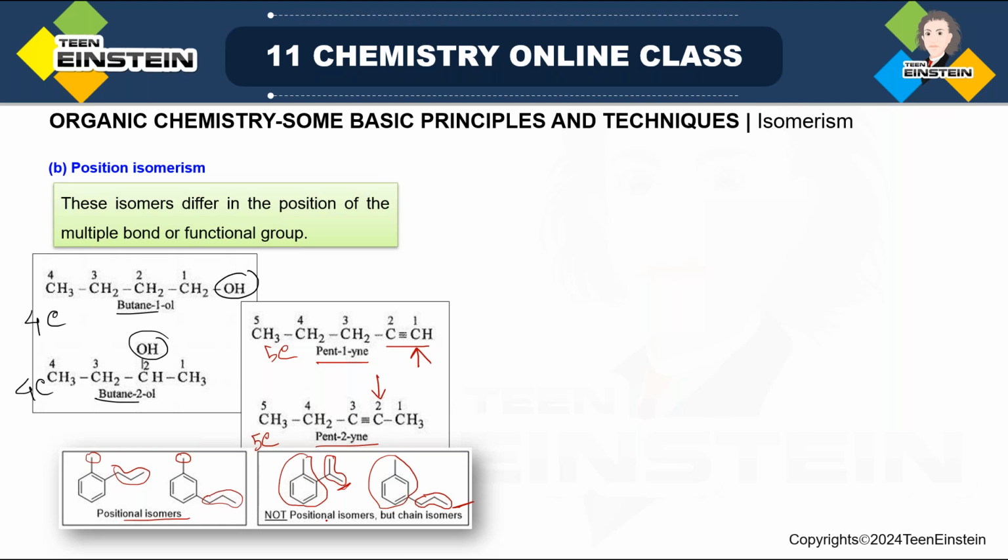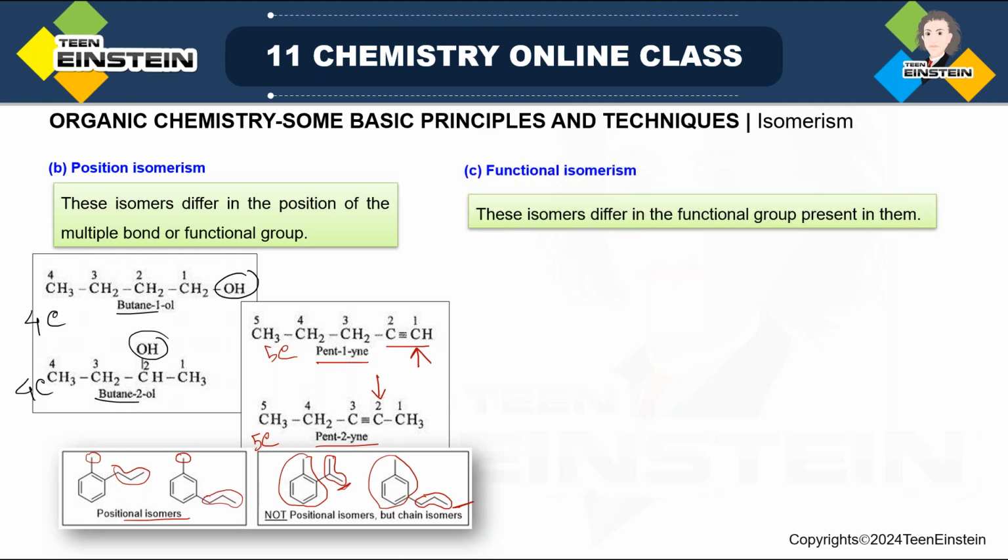So you can say that their positions are different. In the first case it is 1, 2, in the second case it is 1, 3. But the term position isomer only arises if the rest of the part is the same. That is, the chain is the same type, but here the chain is already different. So the chain is different, that is why we are calling it a chain isomer.